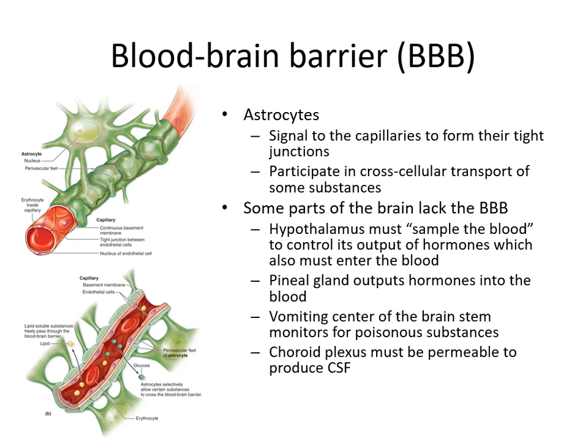So it needs to be able to sample the blood to figure out what it needs to do. And if you had a blood-brain barrier in those particular locations, it wouldn't be able to do that. It's not the entire hypothalamus, there's just particular areas. The pineal gland also outputs hormone directly into the blood, so it has to have an opportunity to do so, so you're not going to have a blood-brain barrier there.